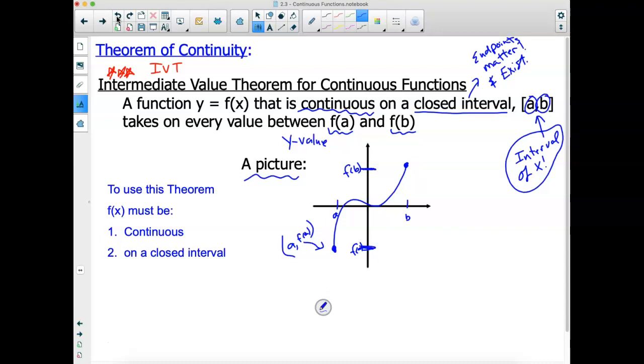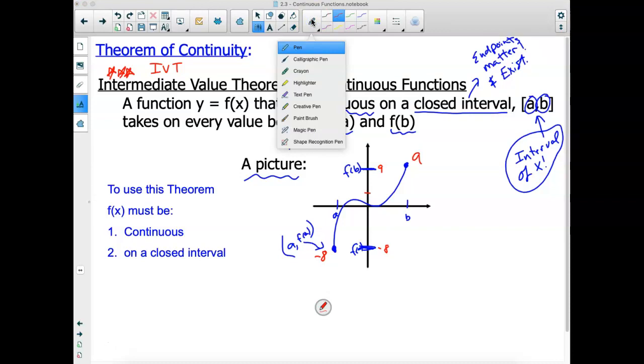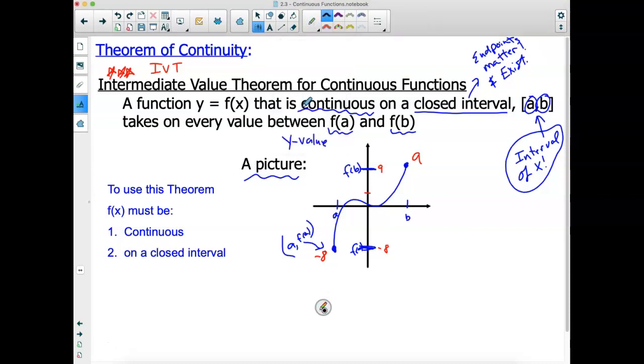Okay, that's the happy spot. What the heck do you mean? It means, let's say this is down at -8, and this is up at 9. Those are my y values. All it means is that somewhere between f of a and f of b there will be a y value of, say, +1, because this is going to take on all values between f of a and f of b.